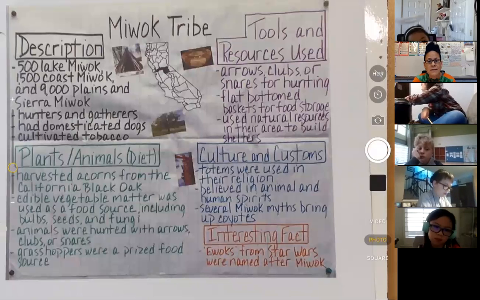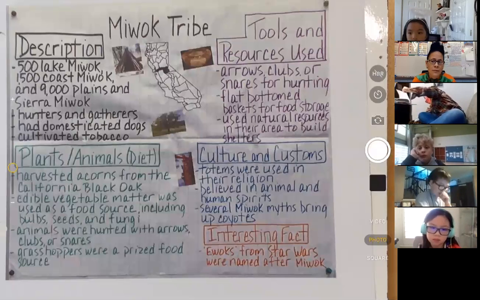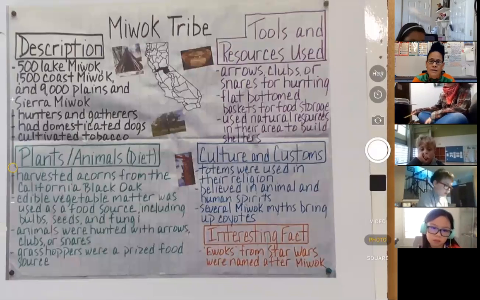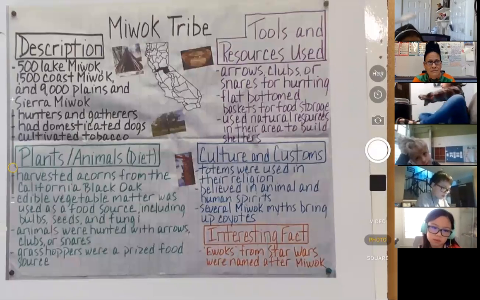They made the arrows, the clubs, the snares, and remember we talked about their bows, for the bows and the arrows. These are all things they made from resources that we talked about in our last pictorial, such as bone from animals, rocks, sinew from animals, plants, trees, and bark.